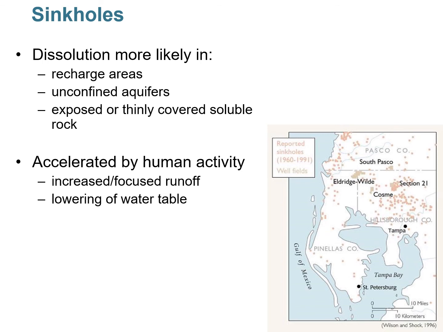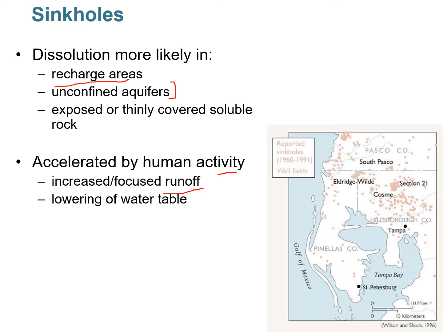So sinkholes or dissolution is most likely to occur in areas where there's a lot of recharge and unconfined aquifers. Okay, and again, sinkholes are accelerated by our activity. What we do is we increase and focus the runoff. We create a lot of impenetrable surfaces, like roads, houses, sidewalks.